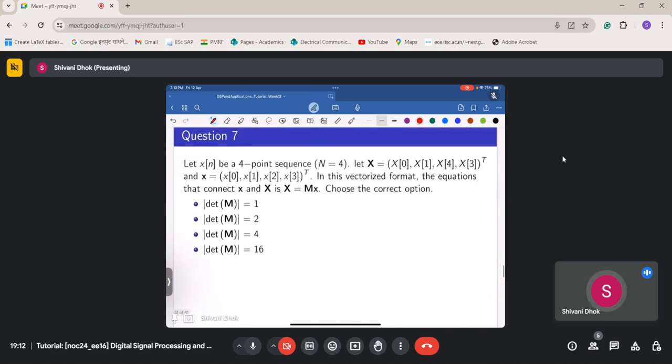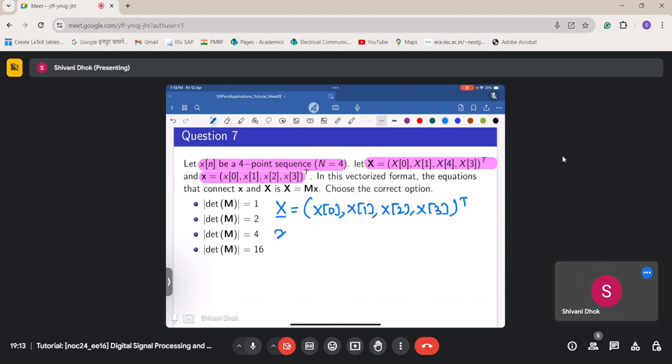Yeah. So the next question says that let x of n be a 4-point sequence and let vector capital X be equal to capital X of 0, X of 1, X of 2 and X of 3.